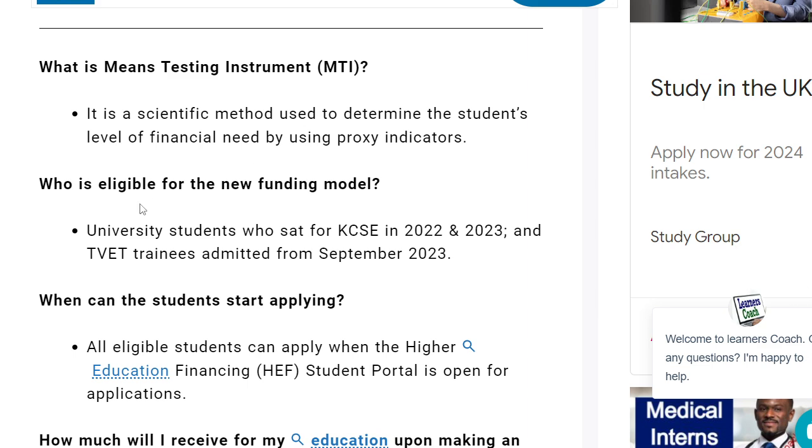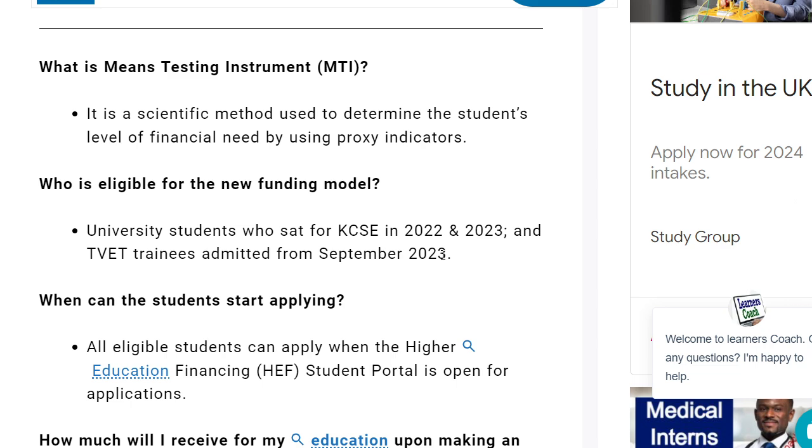Now another question you may want to ask about this new funding model: who is eligible? University students who sat for KCSE in 2022 and 2023, and TVET trainees admitted from September 2023. Anything above or below this, like 2021, you are not going to be part of this new funding model.